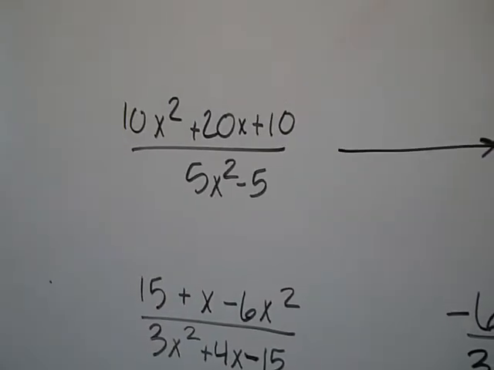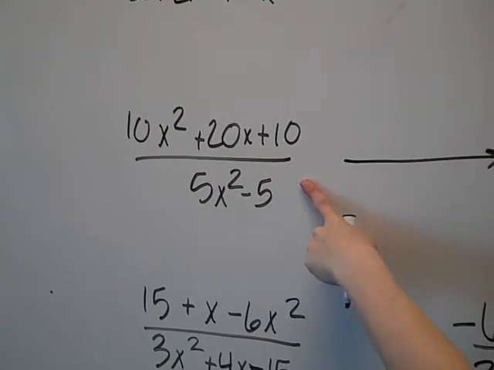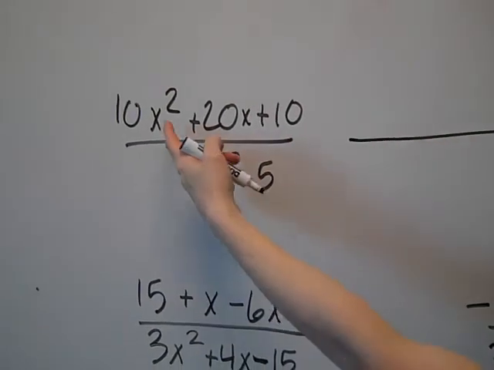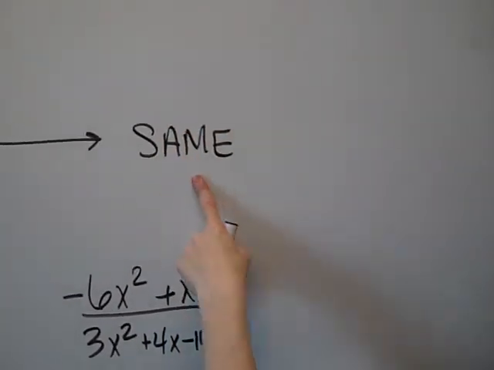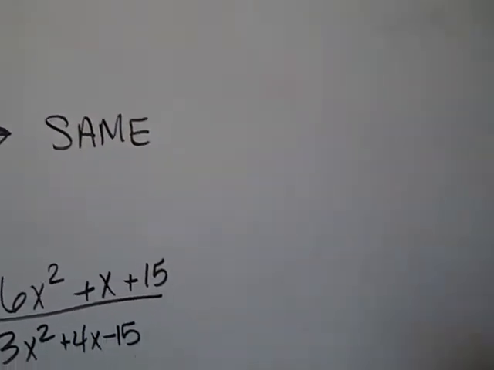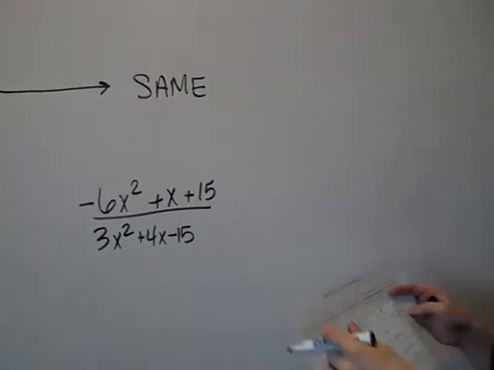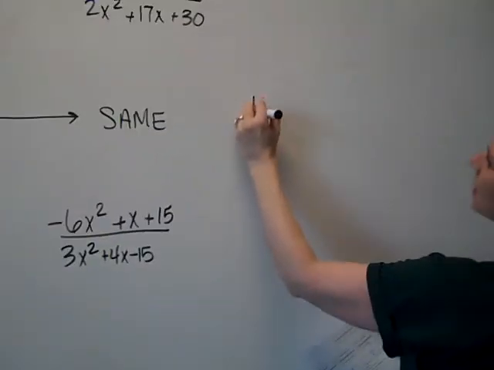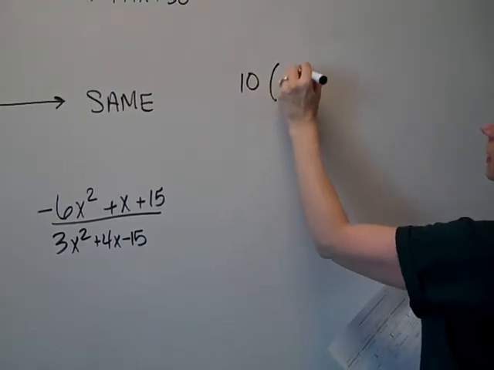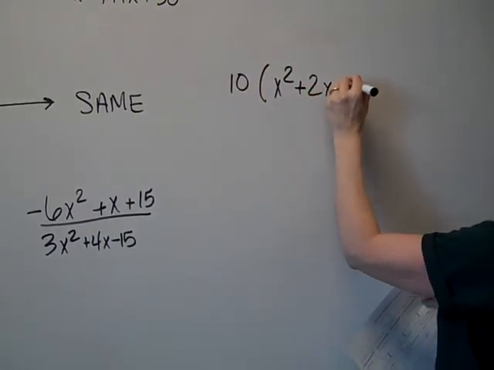Number 2. Dos. All right, here's our second problem. If you look, I've got x squared, x, constant on the top, x squared and constant on the bottom, so it's already written in descending order. We're just going to jump right into factoring. Please, please, please don't forget greatest common factors first. So we've got to take out the 10 out of the top, and then we get x squared plus 2x plus 1.